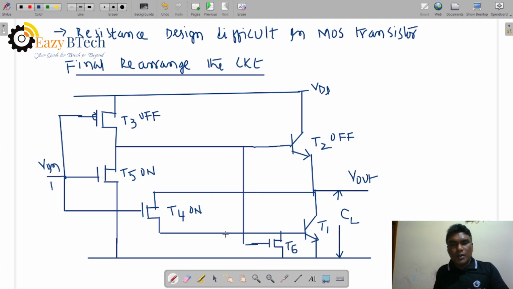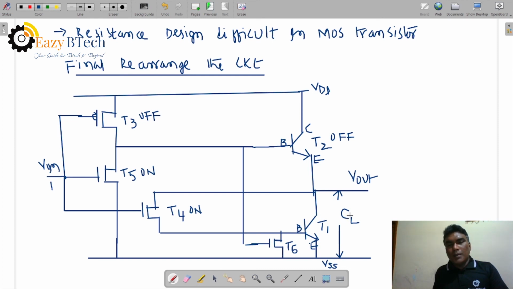Whenever this is on, the drain to source voltage goes to the base of this T6 transistor. Then when T4 is on, this voltage goes through the drain to source and is connected to ground potential. So there is no base voltage to this bipolar transistor, so the base emitter voltage is less than 0.7.